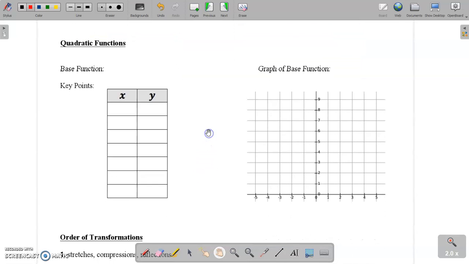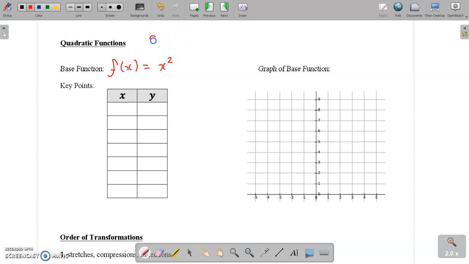Now for the next section of this lesson, we're going to concentrate on the quadratic function and transforming it. So the first thing you need to get comfortable with is plotting the base function, or what we call the parent function. So f of x of a quadratic is simply x squared.